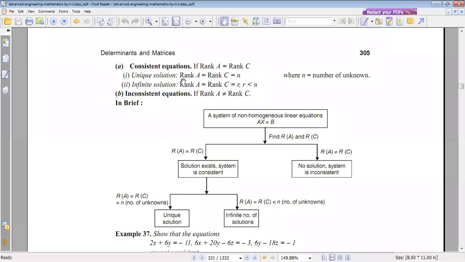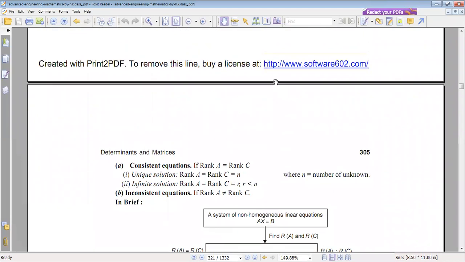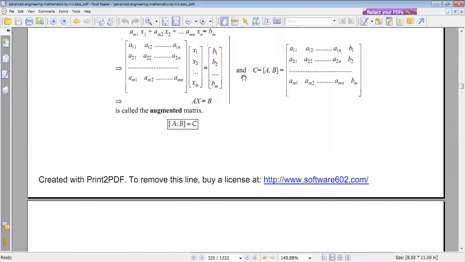Now there are two conditions. If rank of A equals rank of C equals n, where n is the number of unknowns, that is x1, x2, x3 up to xn. These are called unknowns. Clear?